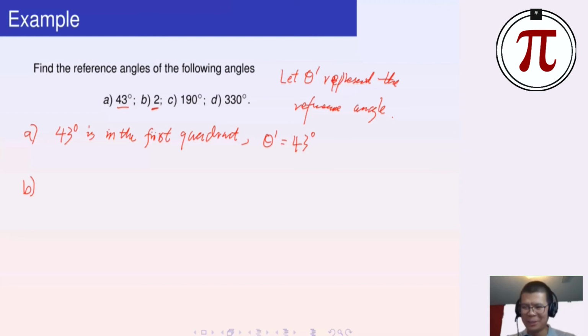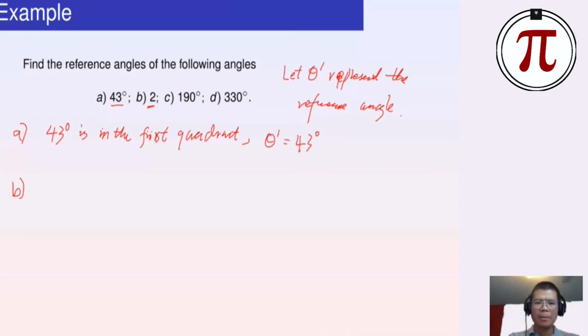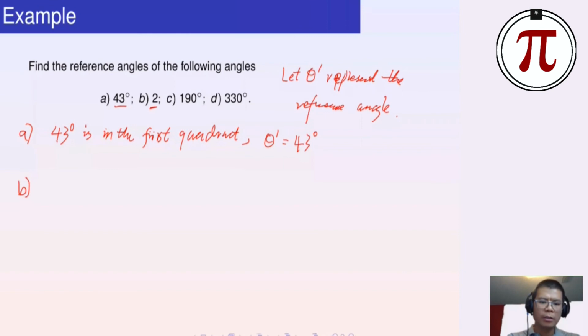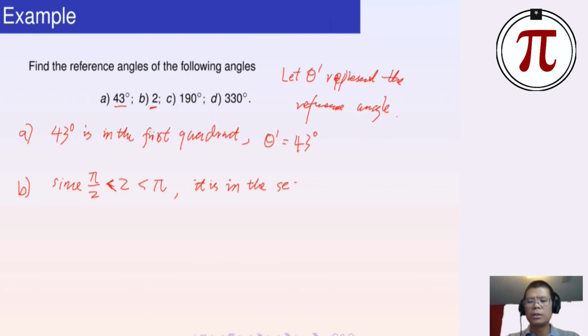Very good. Since 2 is greater than pi over 2, and pi is 3.1, so pi is less than 4, 2 is greater than pi over 2 and less than pi. So it is in the second quadrant.